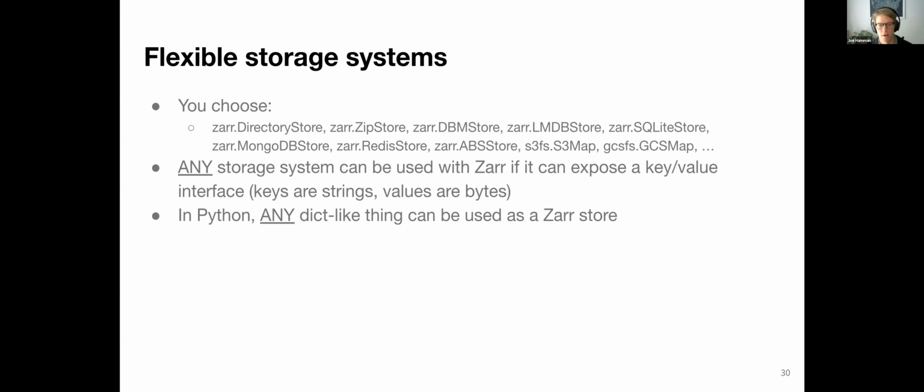The storage model is built around this idea: so long as you can get your keys, like the chunk ID 0.0, or a metadata file like .zgroup, into strings and your values into bytes through a compressor, then you can use that as a store. I'll provide two examples.